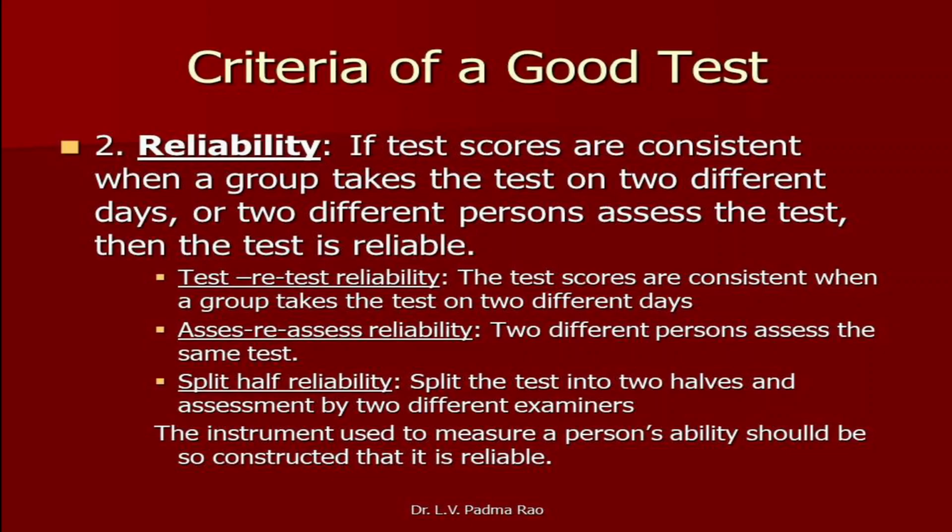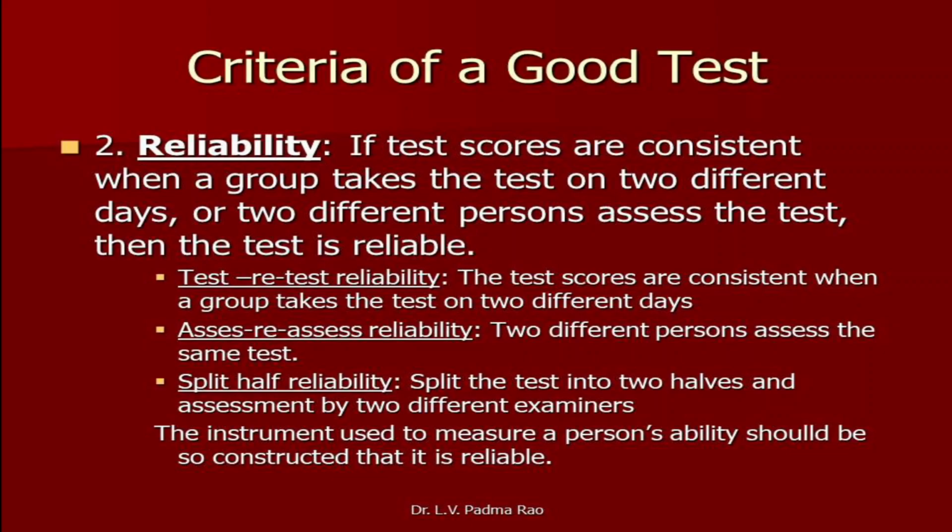Generally speaking, the more samples of student test performance that one takes, the more reliable the assessment of their knowledge and ability will be. Accordingly, the reliability can be test-retest reliability, which means the test scores are consistent when a group takes the test on two different days. It is called rater reliability if two different persons assess the same test and find the scores to be almost the same.